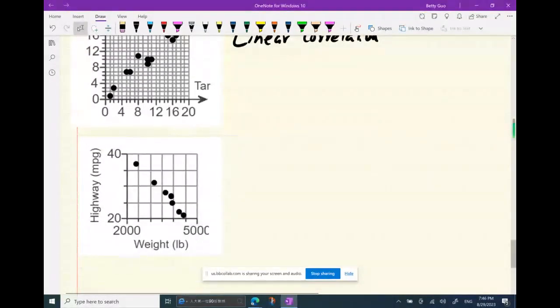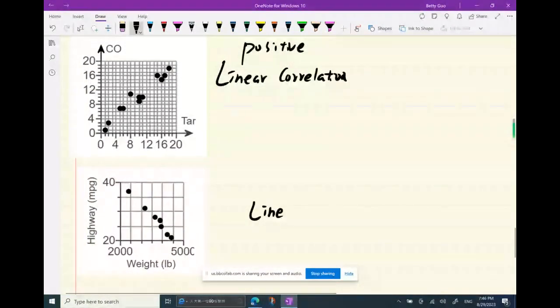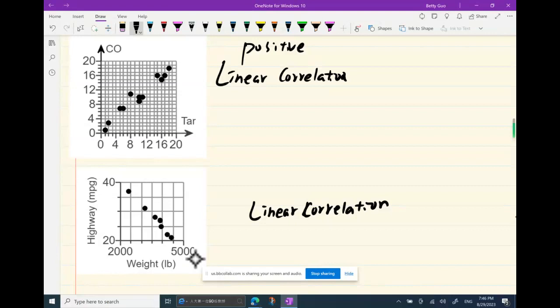The last one, as you can see, the linear correlation is also very obvious between the two variables. The horizontal scale is the weight of vehicles, and the vertical scale is the vehicle's speed on the highway. As you can see, when the weight is bigger, heavier, the speed goes down, right?